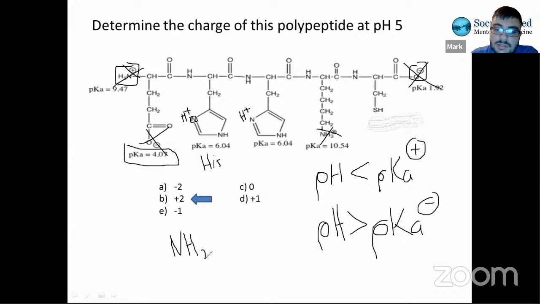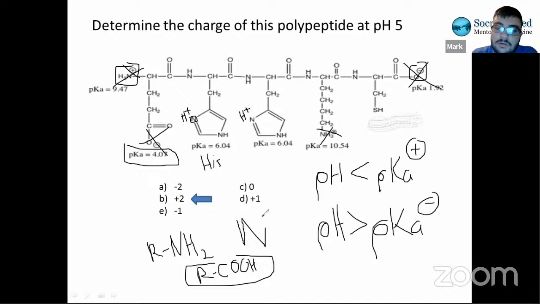This is deprotonated, but it's neutral, and this is protonated, but it's also neutral, right? This is protonated because it gained this hydrogen, but it's neutral. This is deprotonated, but it's also neutral, right? Because it just depends on acids and bases.